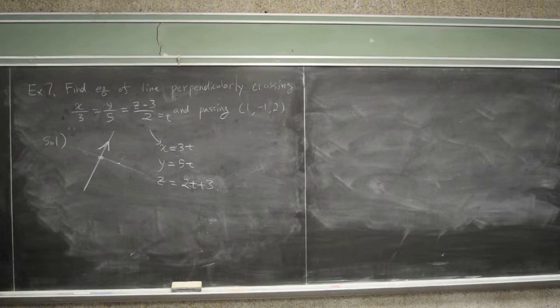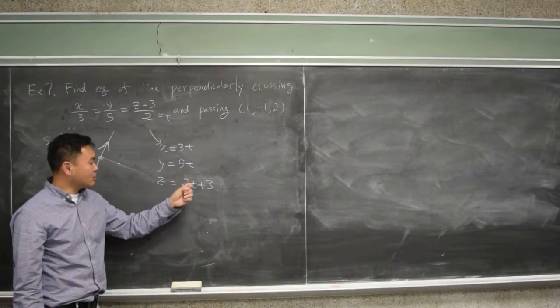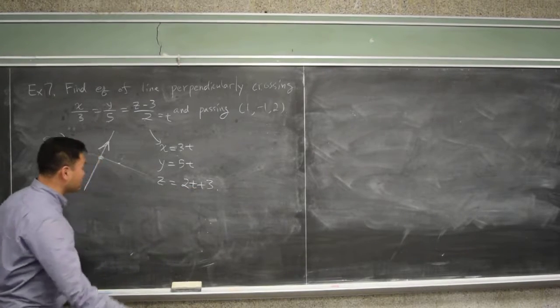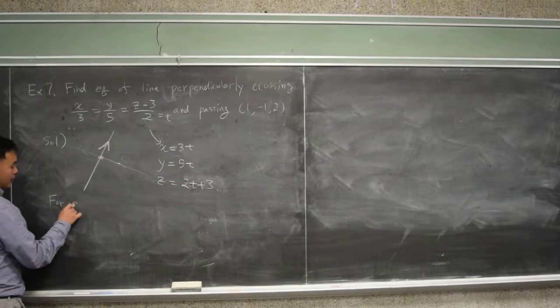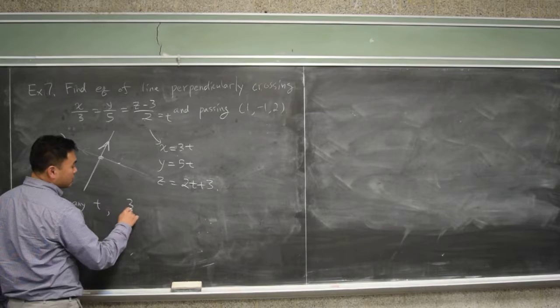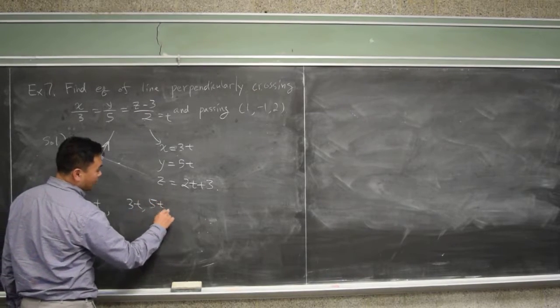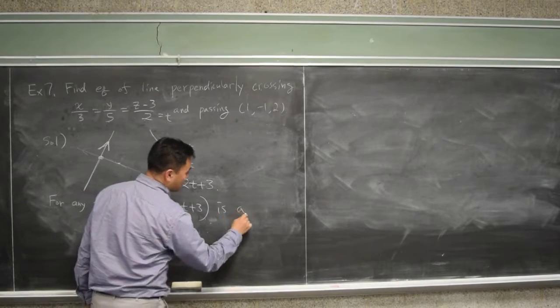In other words, for any value of t, this comma this comma this is a point on the line. So for any t, 3t, 5t, 2t plus 3 is a point on the line.